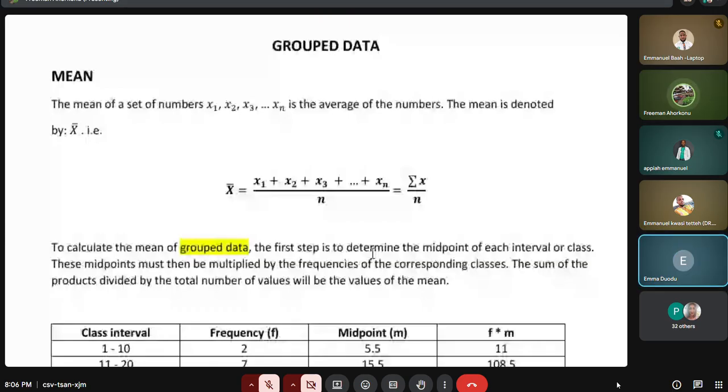for the mean, what we have been doing so far can be represented with what you are seeing on the page.